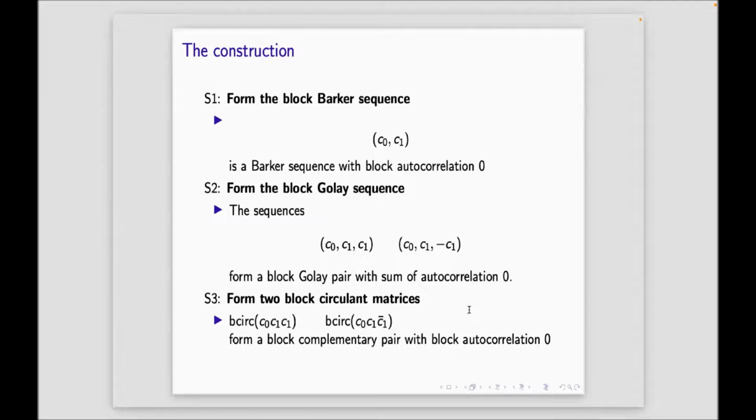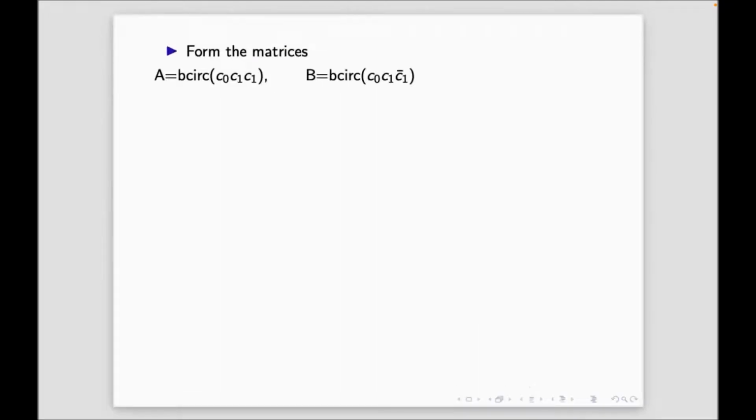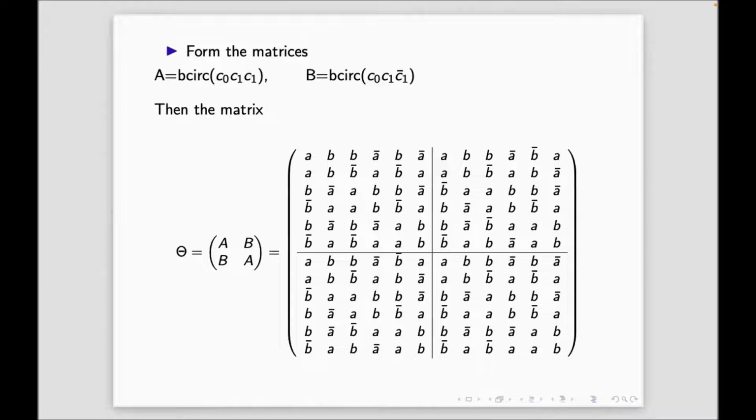And these two actually now are block complementary pairs. Namely, the long rows are blockwise orthogonal to each other. And then form the matrices A equal to B circulant and B circulant. And here we get the corresponding matrix.